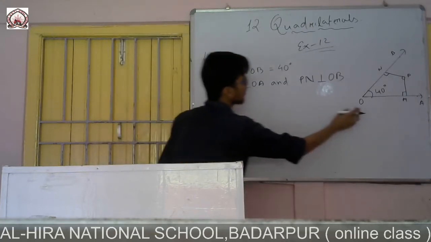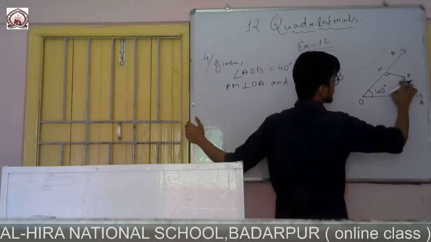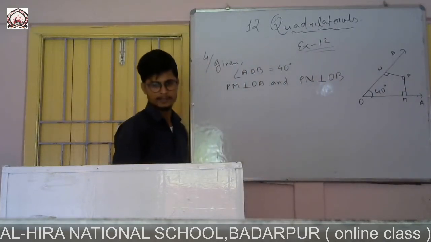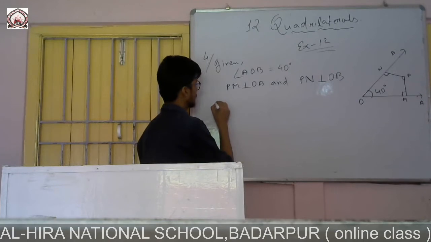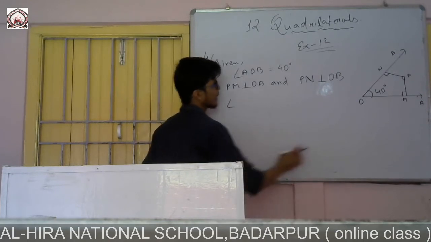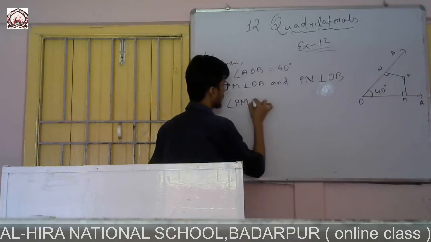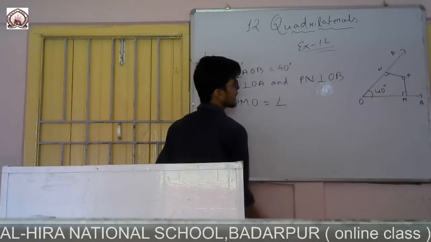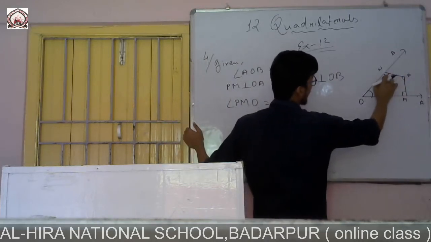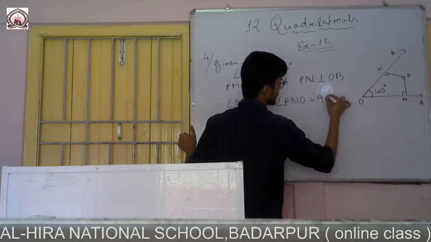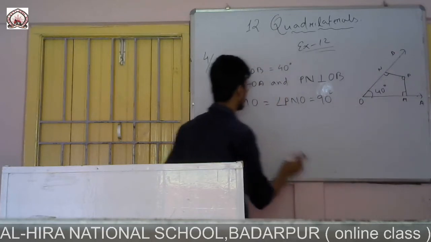Since both of them are perpendicular, the angle between them will be equal to 90 degrees. So therefore angle PMO is equal to angle PNO, which will be equal to 90 degrees since both of them are perpendicular.